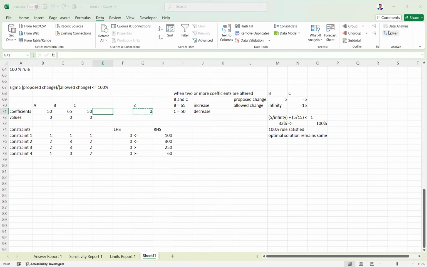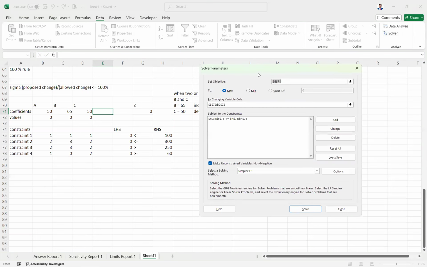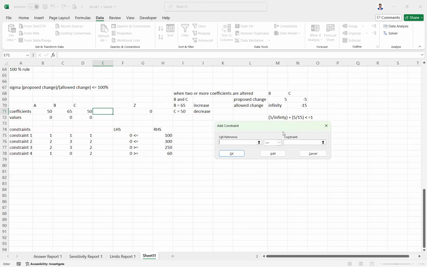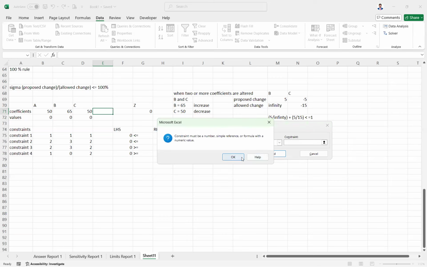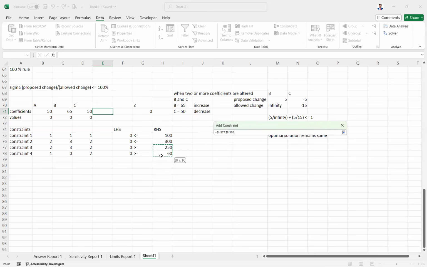Just go back to your Solver. Usually it remembers your previous entry. Just check it, even then it is better. G71, B72, this is the same. F75, this is the same. It did not take one more constraint, the second constraint. Let us add these two, then less than, then these two, add, cancel.